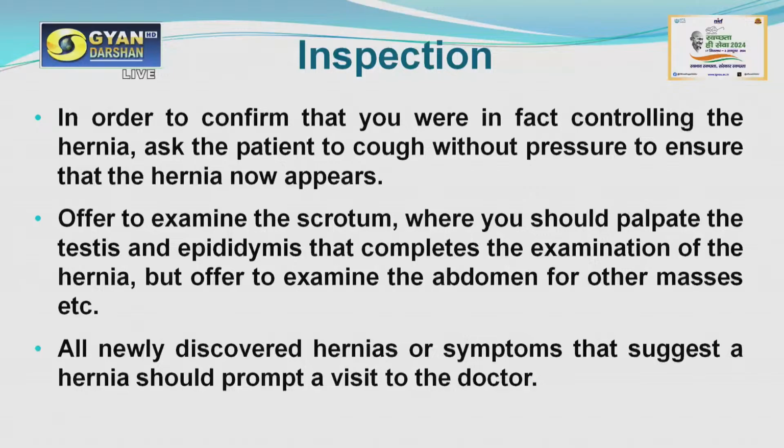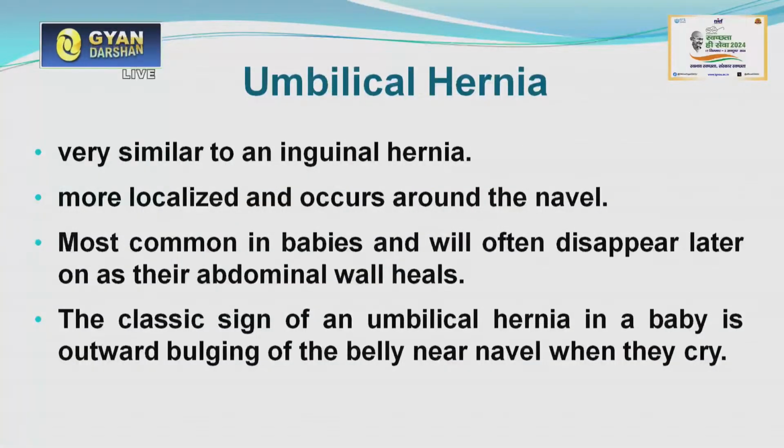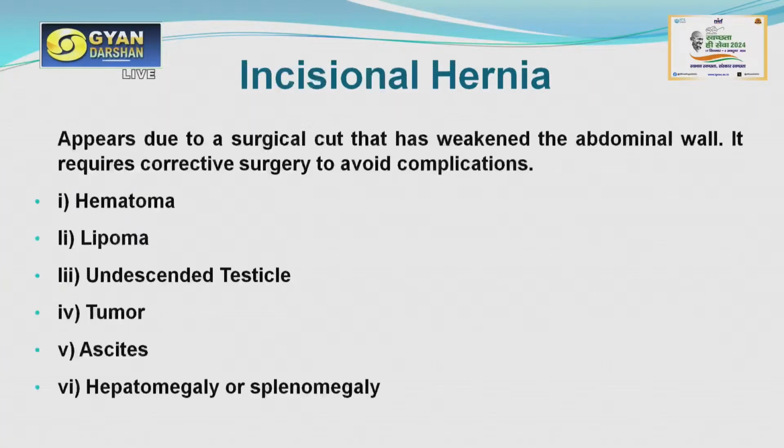There is also the umbilical hernia, which is similar to an inguinal hernia but more localized, and it occurs around the navel. When the location of the hernia is around the navel, it is called an umbilical hernia, and this is mostly common in babies and will often disappear as their abdominal walls heal. So surgery may or may not be required.